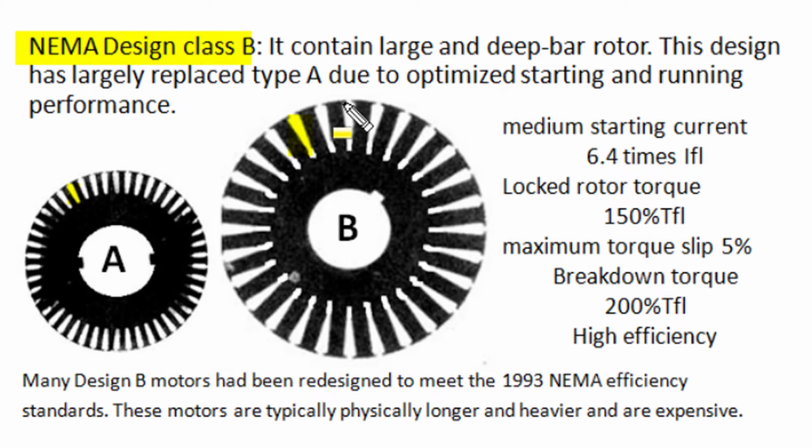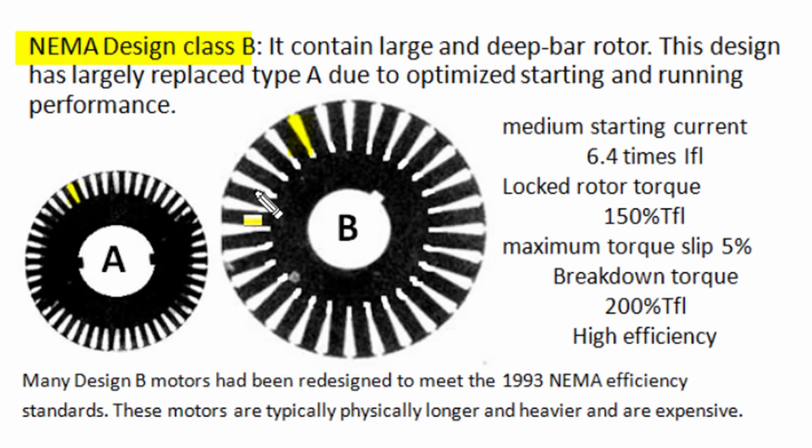So current gets unequal distribution in this deep bar of the rotor, and due to non-uniform distribution of current in the rotor bar, the effective rotor resistance gets increased, and that increased resistance and increased reactance of the rotor has reduced the starting current of the motor, which was 8 to 10 times full load current in the type A motor.